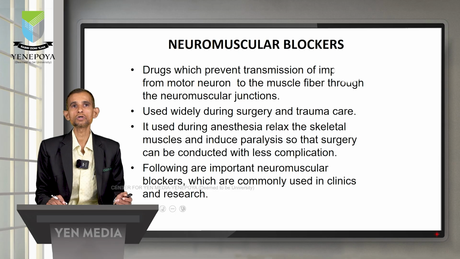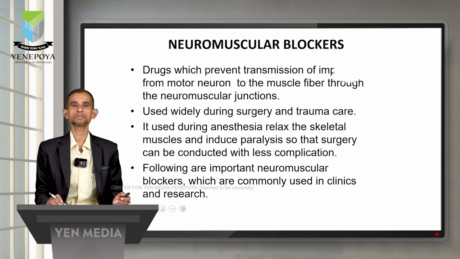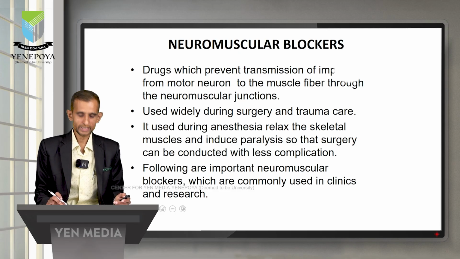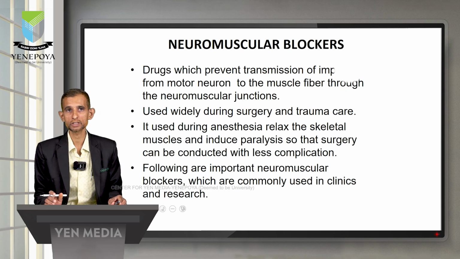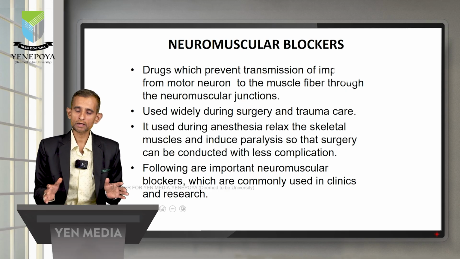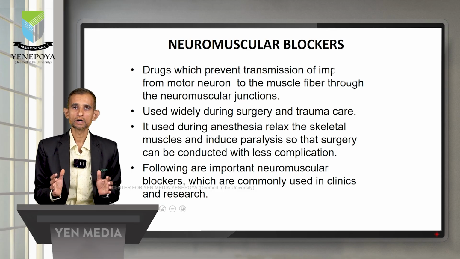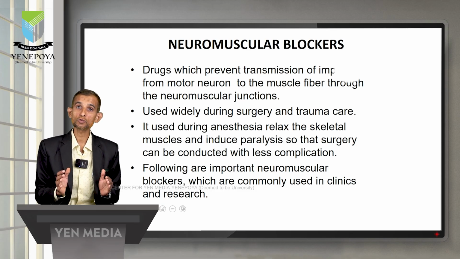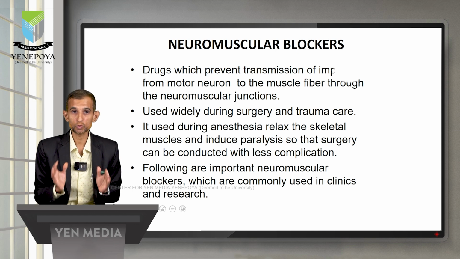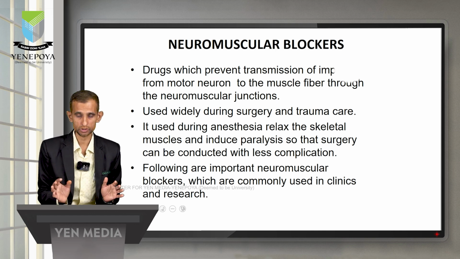As a result, it helps contraction of the muscles. So, that is about the treatment of myasthenia gravis. Now, neuromuscular blockers. The blockers denote blocking of the transmission of impulses from the presynaptic membrane to the postsynaptic membrane through the neuromuscular junction.